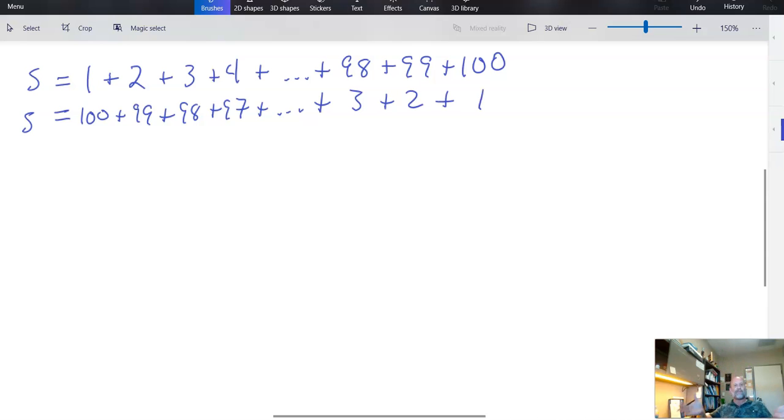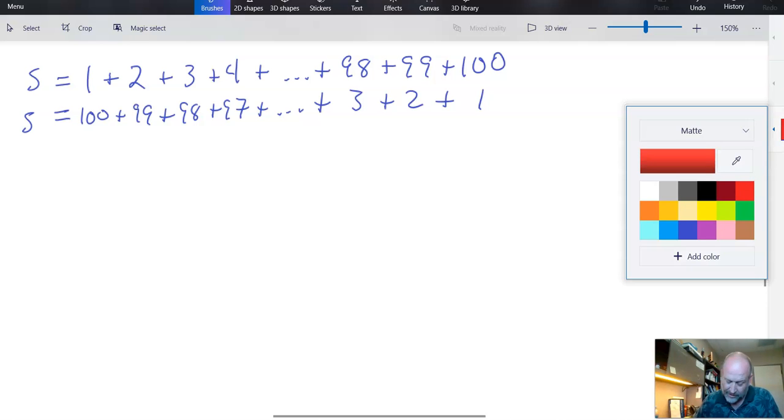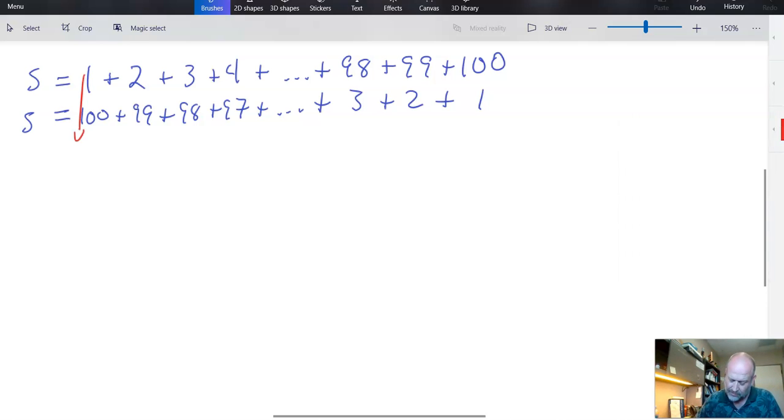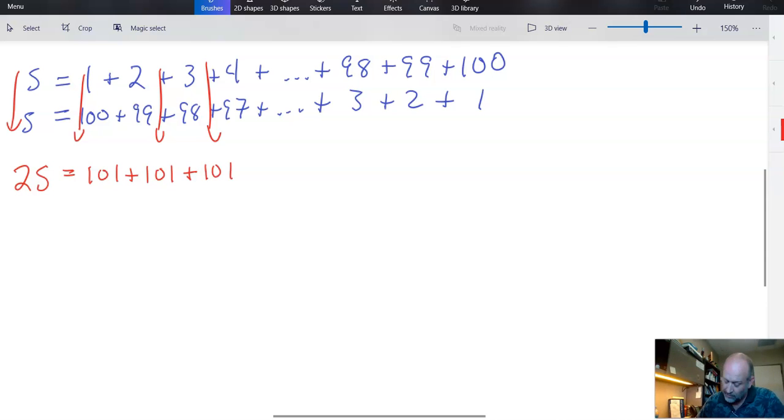All right, so I have these things listed twice. And what we're going to do here is add straight down, right? We're going to take each one of these sums straight down. So over here, S plus S is 2S. 1 plus 100 is 101. 2 plus 99 is 101. 3 plus 98 is 101.